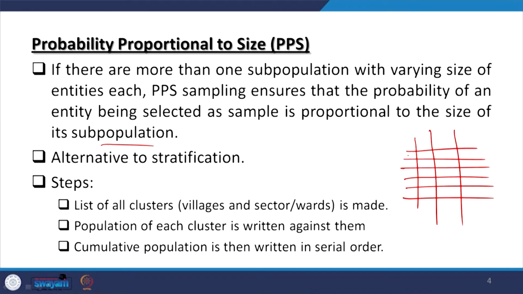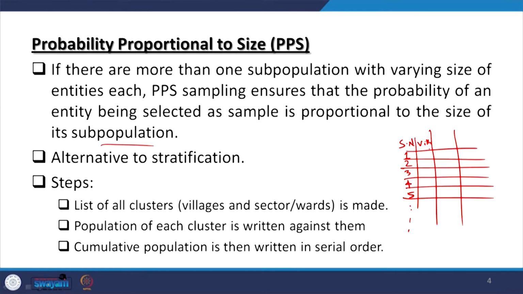This is serial number 1, we write serial number 1, 2, 3, 4 and so on, and we make the cluster of villages, let it be villages, and we have to write down the population of the villages. If our cluster is defined as village, then let us write down its population.